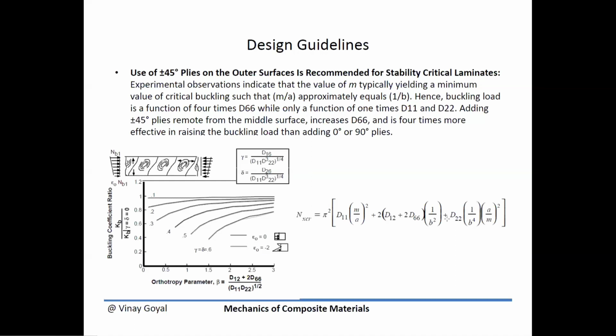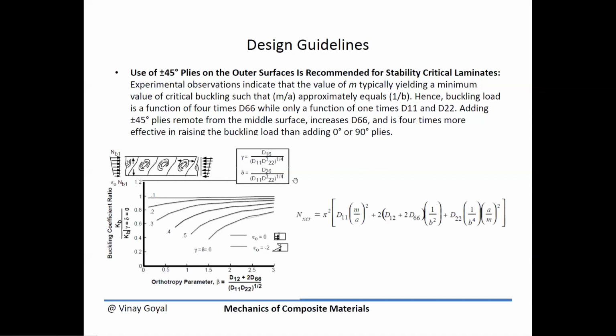The point I want to make here is that when you add this plus minus 45 degrees, it affects the D matrix in a good way. It increases D66, and it's 4 times more effective in raising the buckling load than adding 0-90-degree plies. There are examples in the literature that go through that, and there are plenty of plots that demonstrate that.